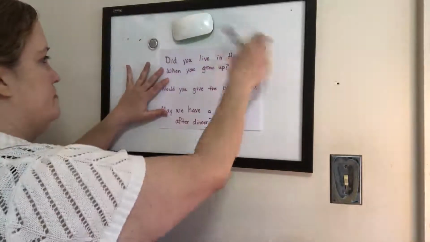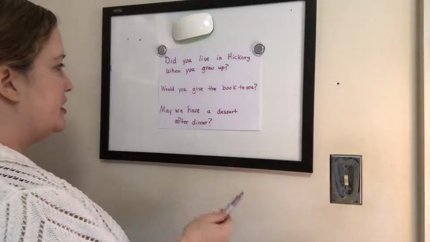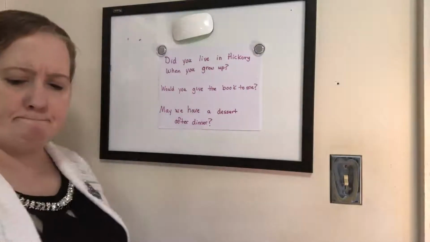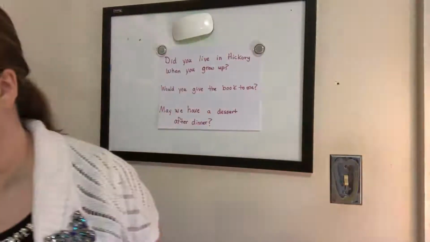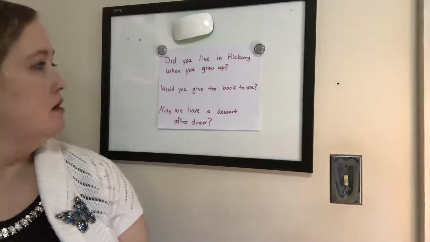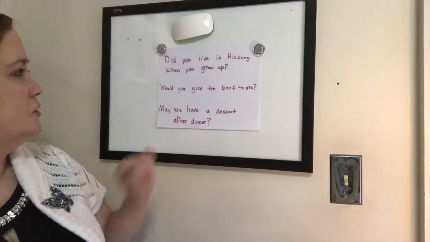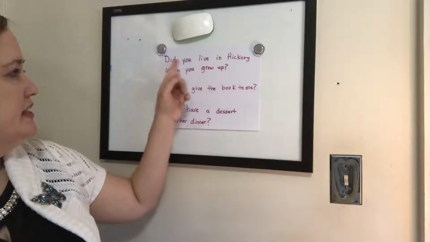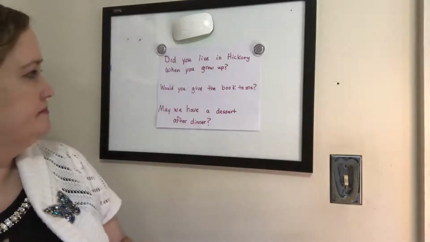And here we go. Did you live in Hickory when you grew up? I did, but let's talk about this. Did is a verb, live. So did and live are the verbs.